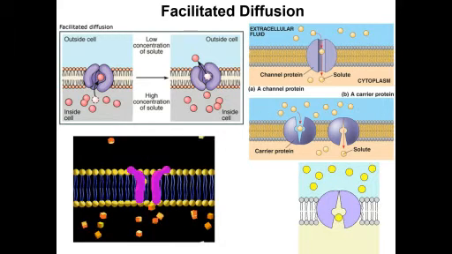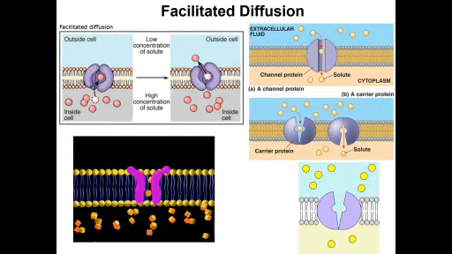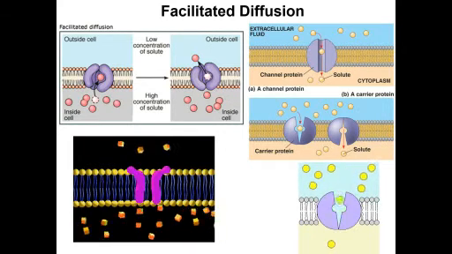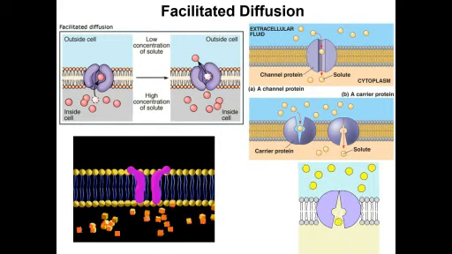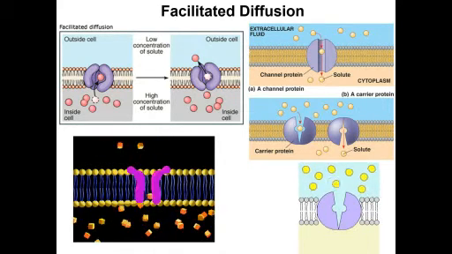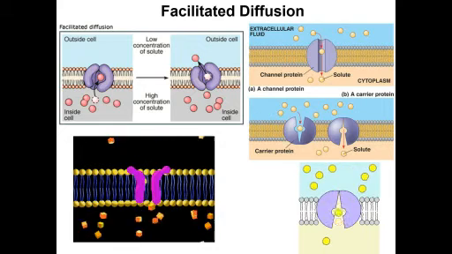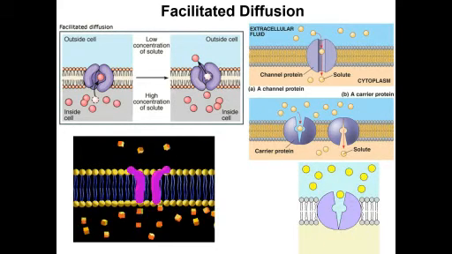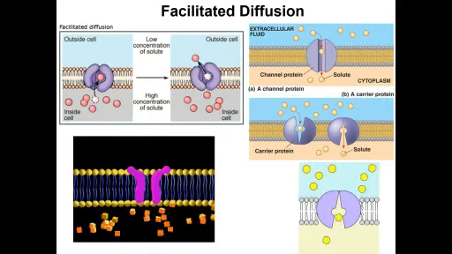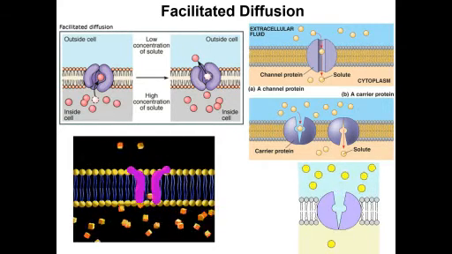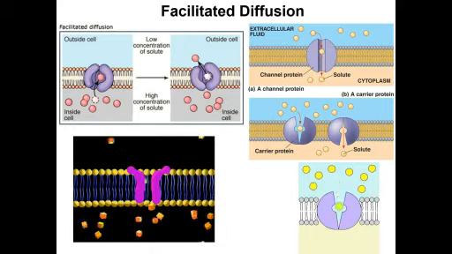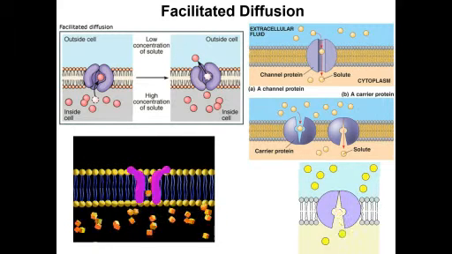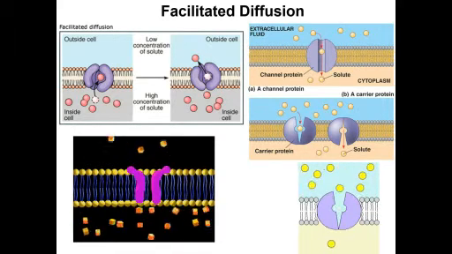Alright, facilitated diffusion is diffusion, but in this case, these solute particles require the use of some type of integral protein to allow the movement of particles across the cell membrane.